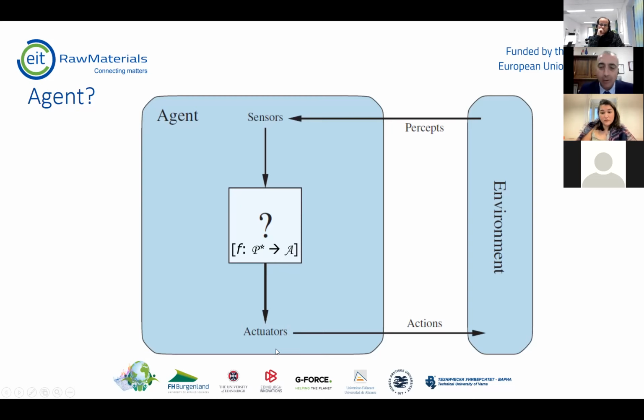So what can an agent do? The agent can perform actions in order to modify future percepts so as to obtain useful information. This is the information acquisition process. And an agent is autonomous if its behavior is determined by its own experience.